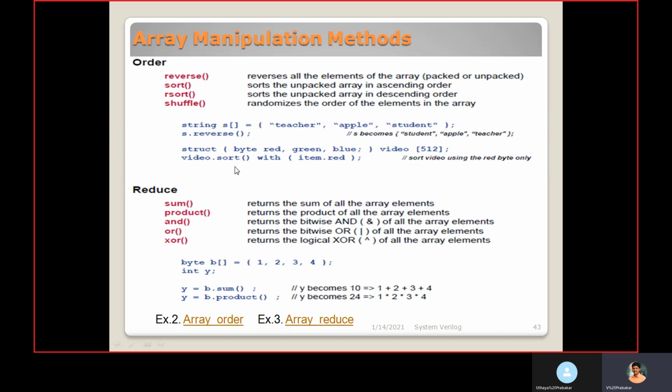Then this is the structure. Already we discussed the struct data type. Inside struct, we can give any data type. So red, green, blue, or a type of byte, and video is the structure name. Here I created 512 locations of the video, or we can say 512 instances.